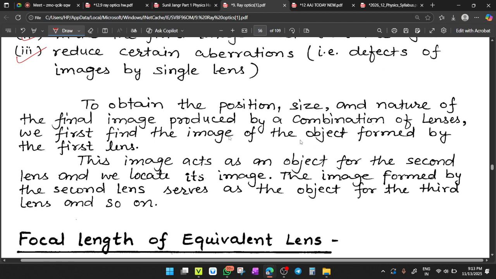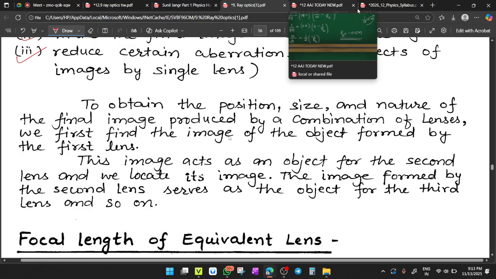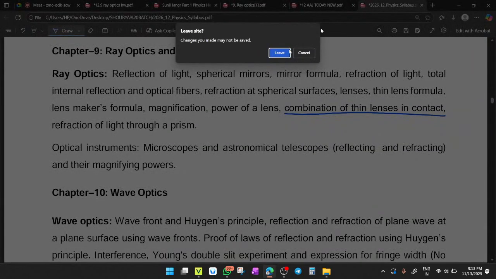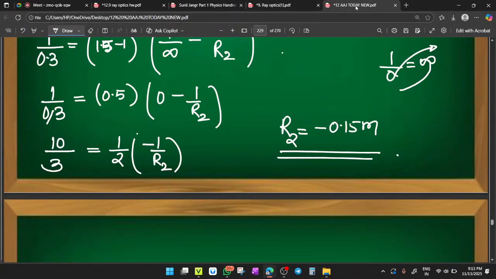So to obtain the position, size, and nature of the final image produced by a combination of lenses, we first find the image of the object formed by the first lens. Means to deal with the problem of combination of lenses, there is a first lens, and you make the image of a given object using your first lens. Somehow here is the image.